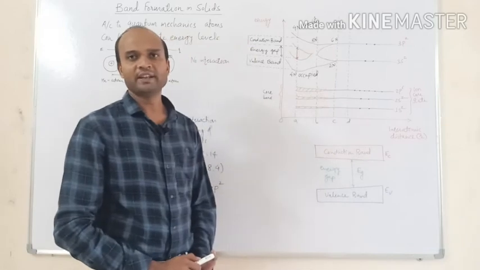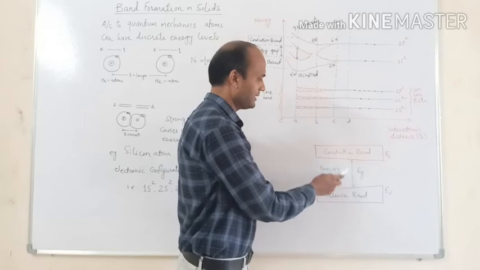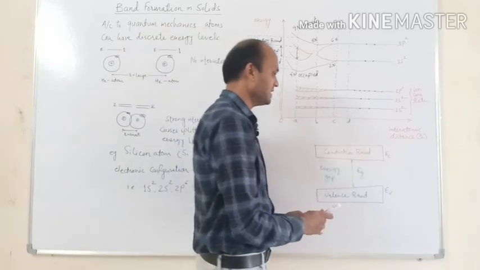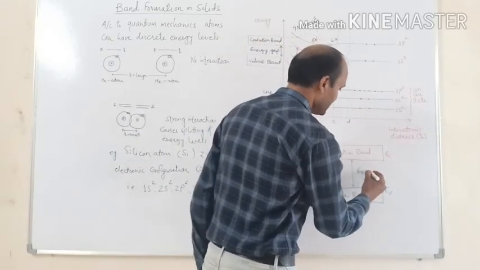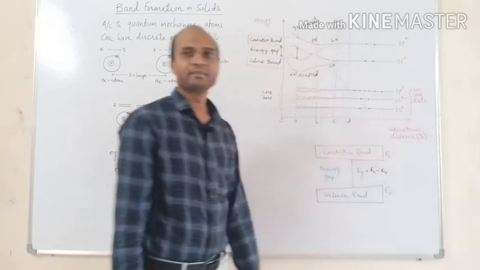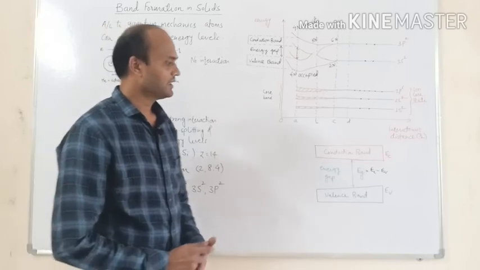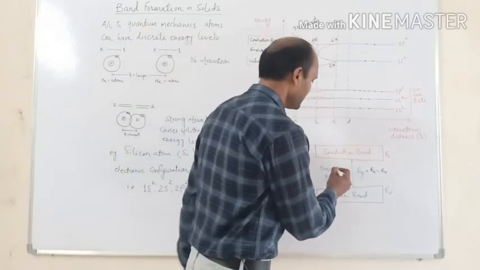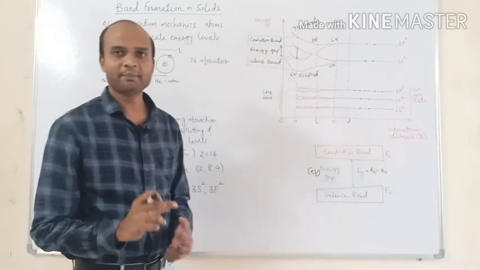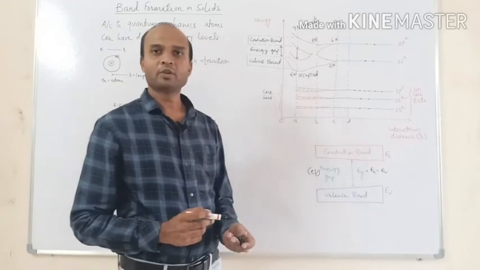We can also define it as the difference of energy between the top of the valence band and the bottom of the conduction band, called Eg, and here we can write Eg = Ec - Ev. The difference between the energy of the conduction band and valence band is the energy gap, and its unit is electron volt. That energy gap is small, and that's why it is generally measured in electron volts.